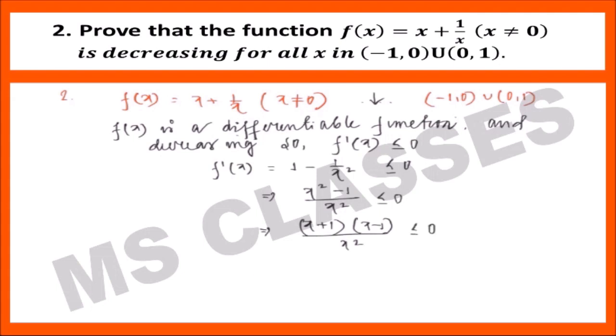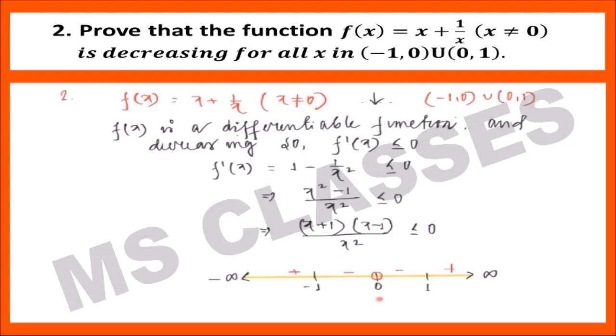So if we take a number line: minus infinity, minus 1, 0 and 1, infinity. Here 0 is a point of discontinuity. So signs are plus, minus, minus, plus.